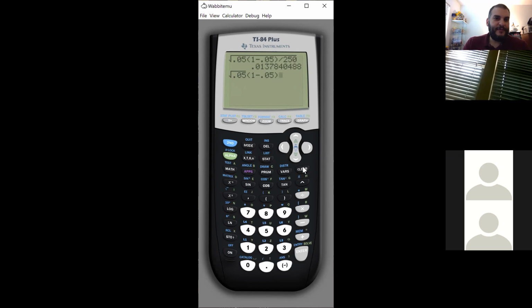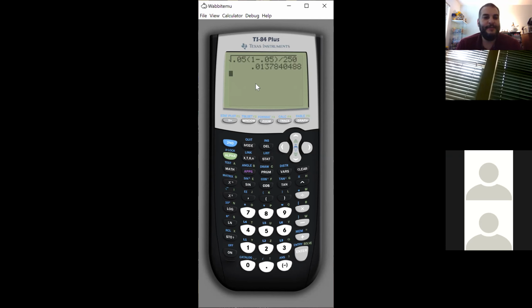So you have to be careful when you're doing the radical. All right, but if you look at the answer that we get, 0.0137, or we could round the 7 up to an 8. So we're going to say sigma of p hat is equal to 0.0138. So that's your sigma p hat.